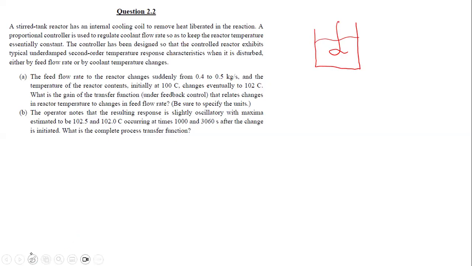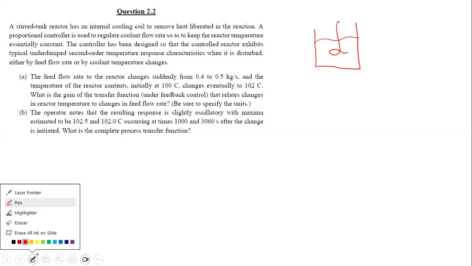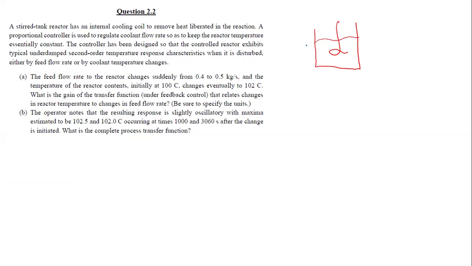So now let's talk about that internal coil they are actually talking about. This will be our internal coil, right? It has an internal cooling coil to remove heat liberated in the reaction.